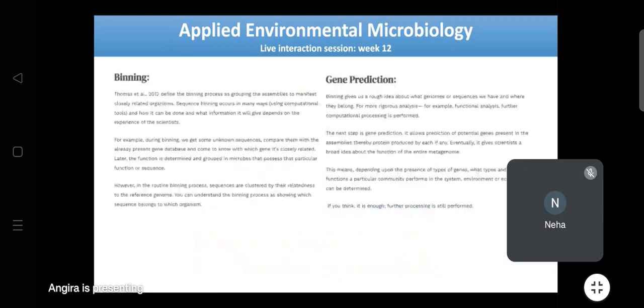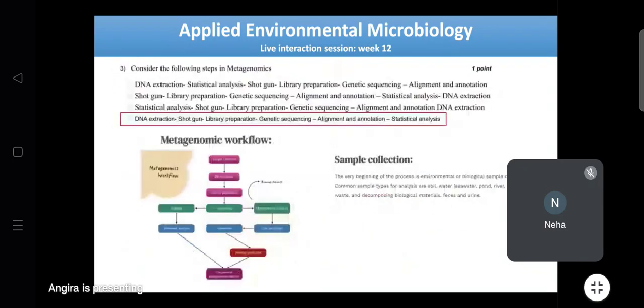Okay, so if we go back to the question, we can see the first step was DNA extraction, then shotgun sequencing, followed by library preparation and gene sequencing.